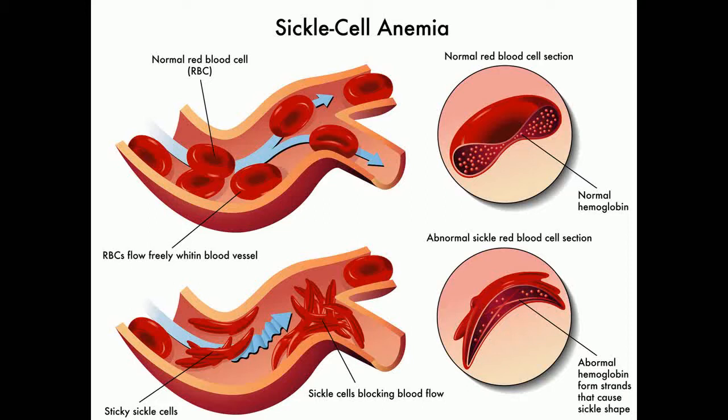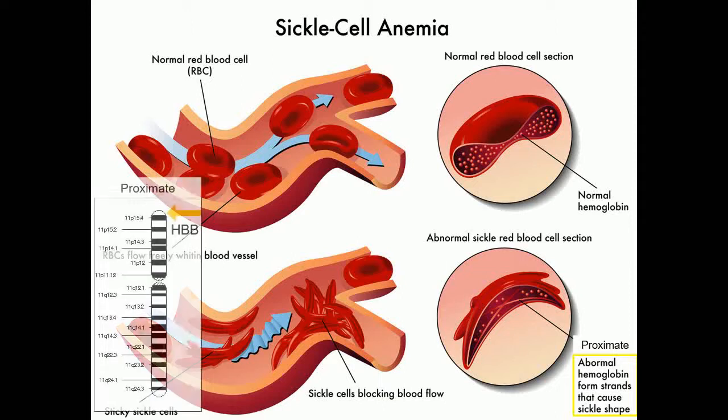Because this is a medical problem, lots of people study it, and proximate questions are like, how does it work? Well, there are these strands that bind in different sizes and cause the cell to have this weird shape, so that's a proximate explanation. Or there's a gene that they've identified as responsible for this occurring.